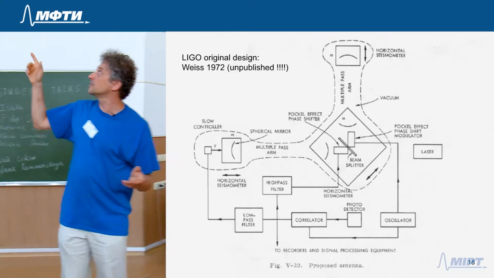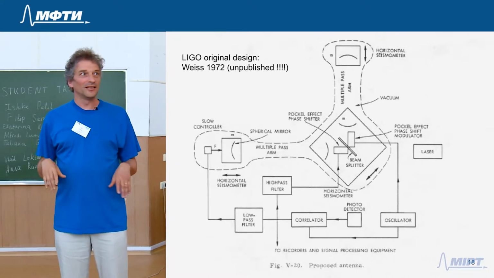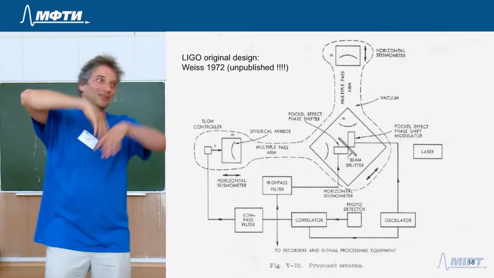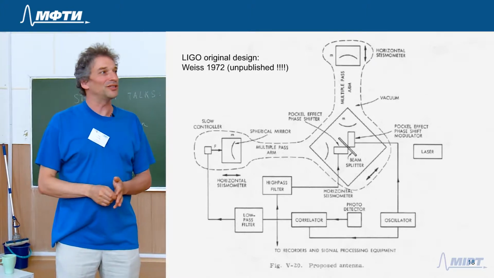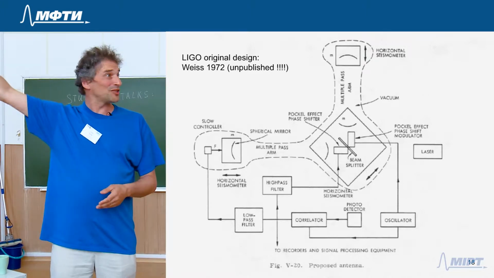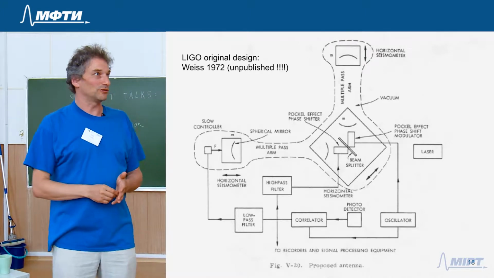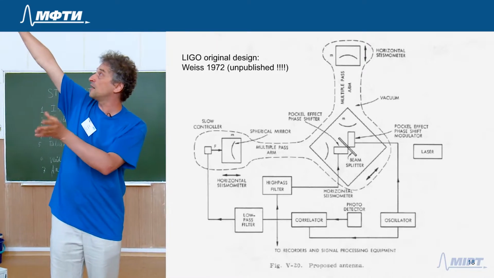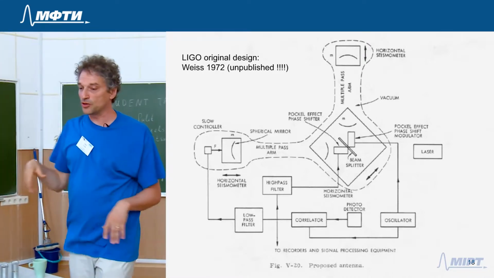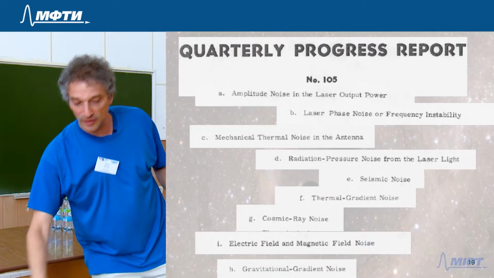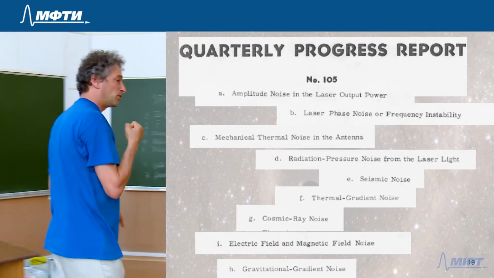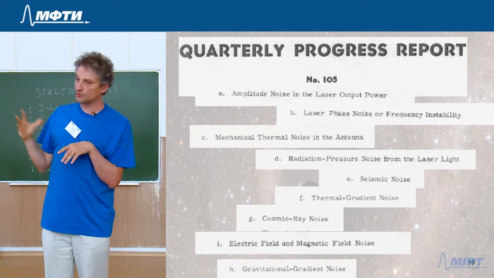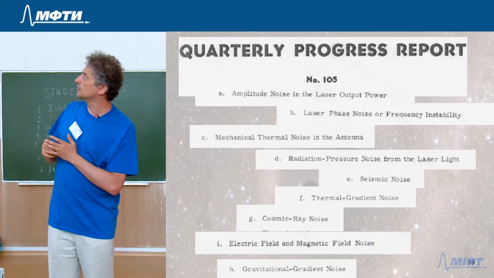That was like 1972, I think. This is a completely iconic paper in this field. Of course, it's freely available. Everybody has read it, but it's unpublished in any scientific journal, right? So in this paper, apart from coming up with this general topology, he thought, the power of human thought, of all the possible sources of noise that you could have in the interferometer.